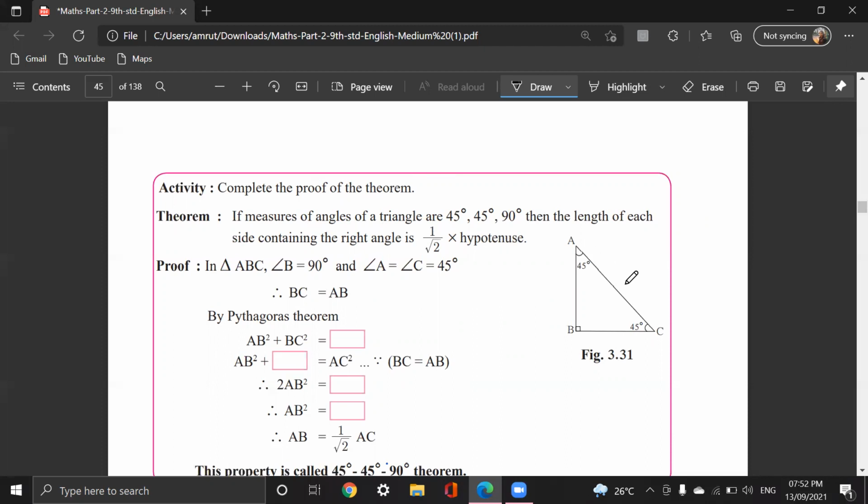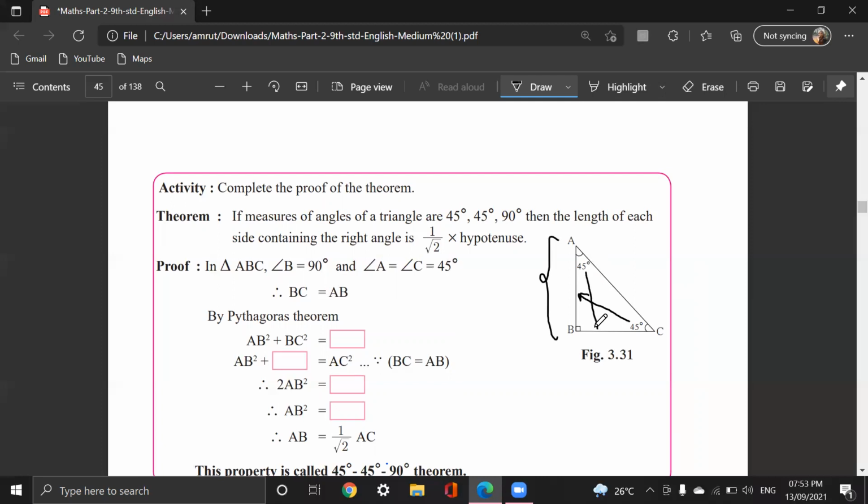Okay, so till now we had studied the side opposite to 30-degree and opposite to 60-degree. Here both the remaining angles are 45-degree. So the sides which are opposite to both of these angles, this is one side, side AB, right, 45-degree, and the other angle is also 45.